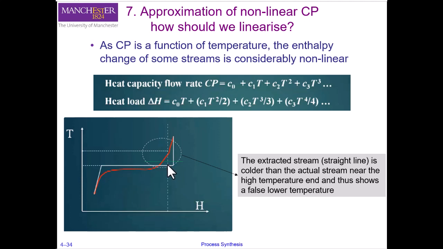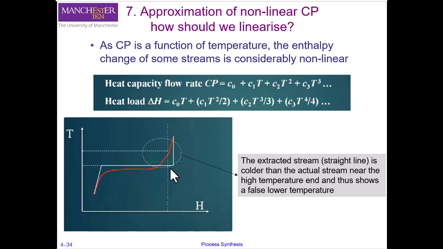So it means that this is a false low temperature, and obviously we are going to lose a lot of heat recovery opportunities here, and also it is going to create error in our HEN analysis in terms of energy recovery.